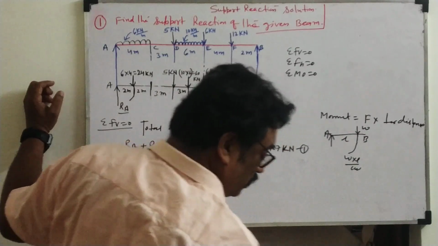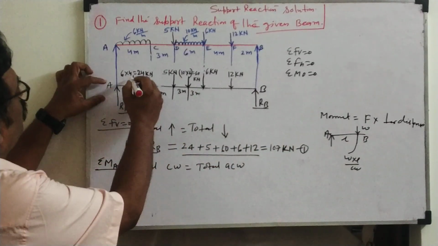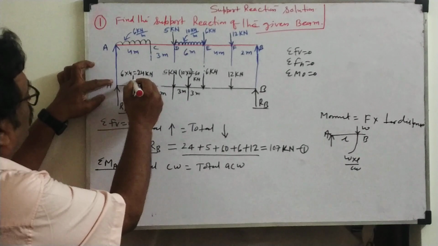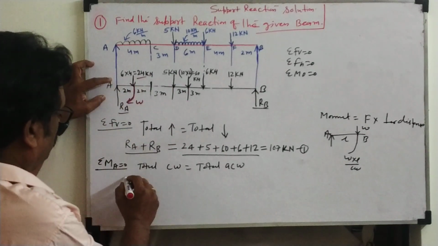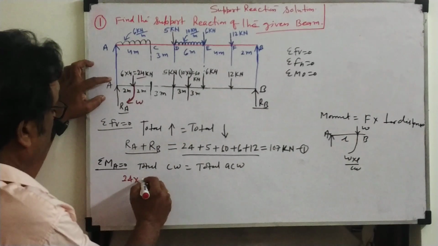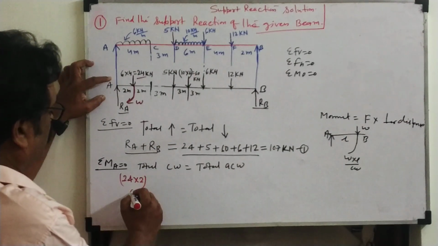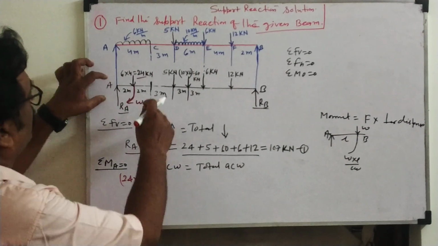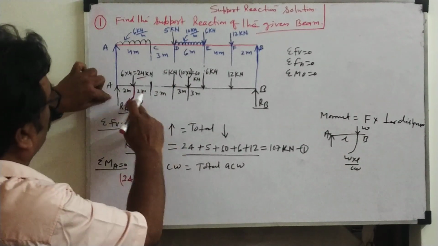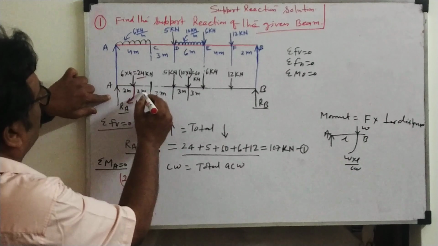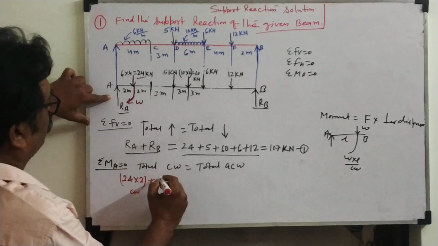Now how does this rotate, with this point fixed? This rotates clockwise. What is this one? 24 into distance 2, rotation is clockwise, plus. Now here no load, 5 kilonewton. What is the distance? 3 plus 2, 5, plus 2, 7.